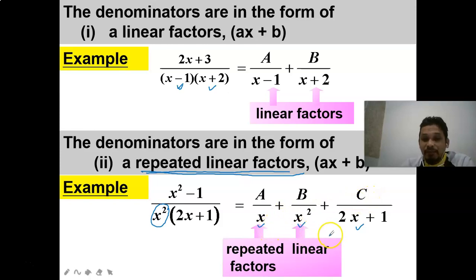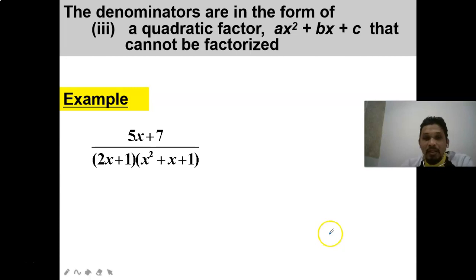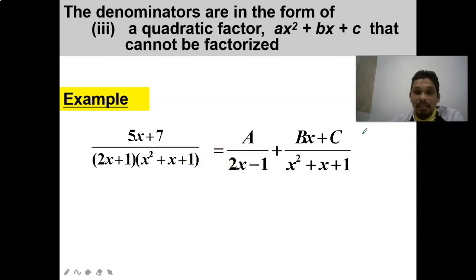Repeated linear factor. And the quadratic that cannot be factorized, for example x squared plus x plus 1. For example, x squared minus 5x plus 6 we can transform into two linear factors, x minus 3 and x minus 2.